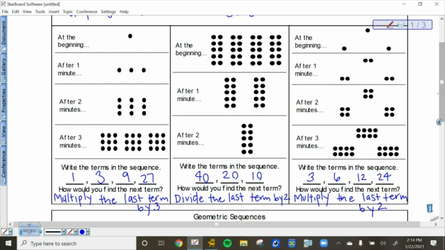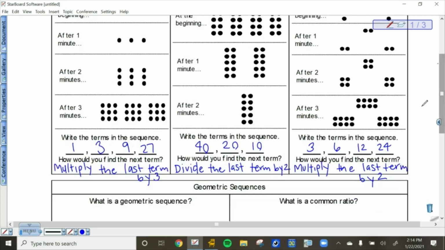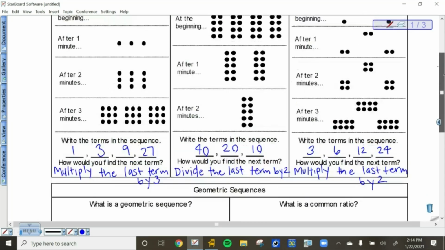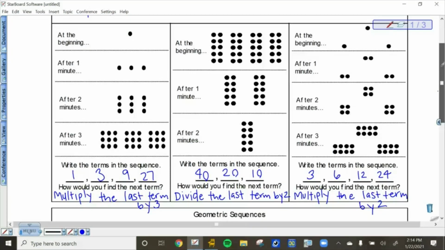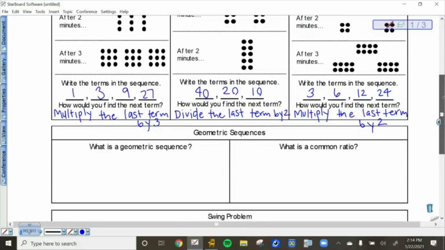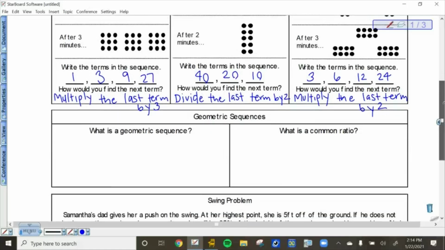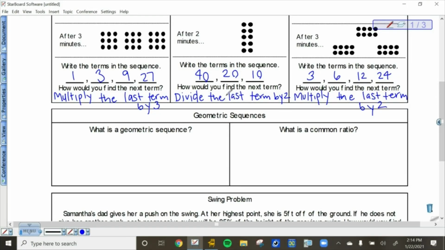Right. Now let's talk about, so these are sequences. These are all examples of sequences. And actually, these are all examples of geometric sequences. So remembering what we talked about yesterday, what is a geometric sequence?